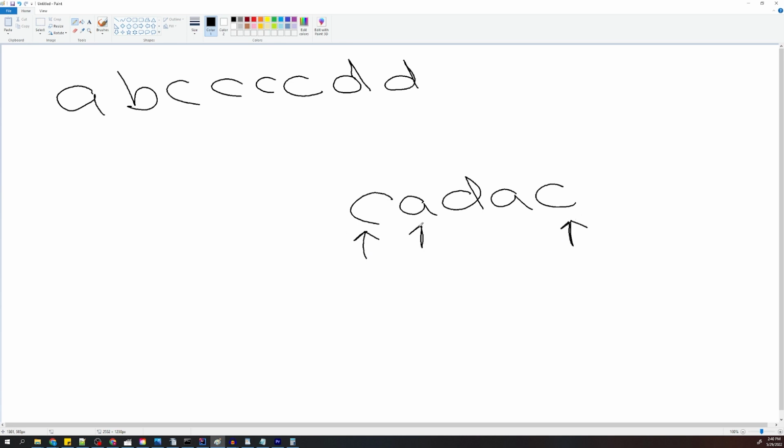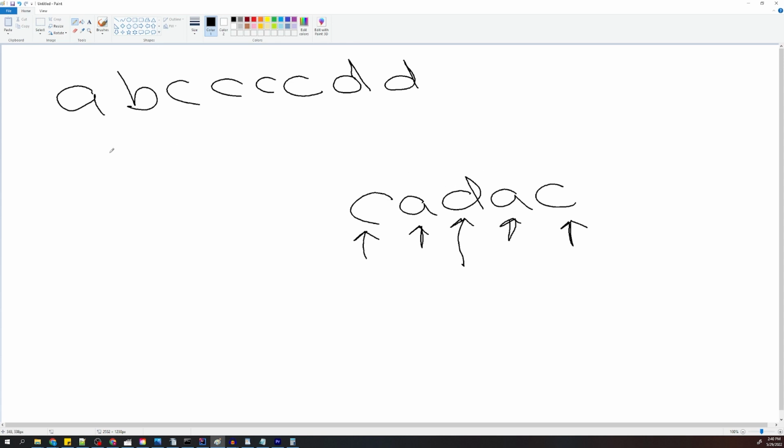This is part of a pair. And if it's an odd length palindrome, the center character, the middle character, is not going to be a part of a pair. Okay, it's going to be a single character. So the length here would be 5, and this would be a palindrome.